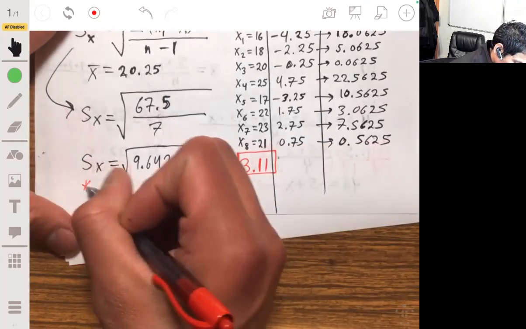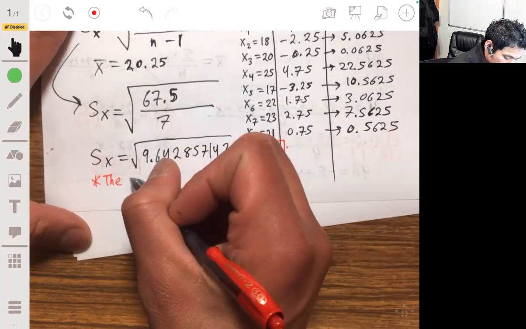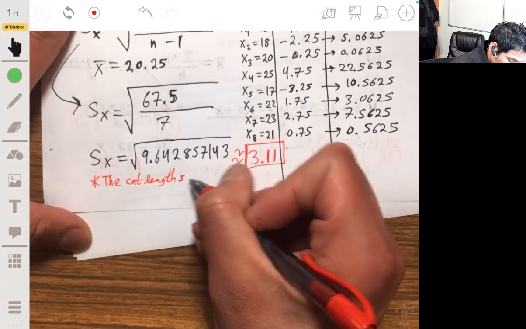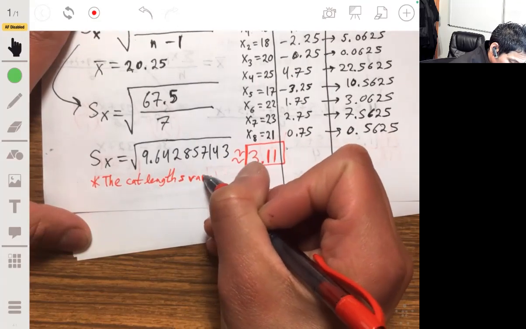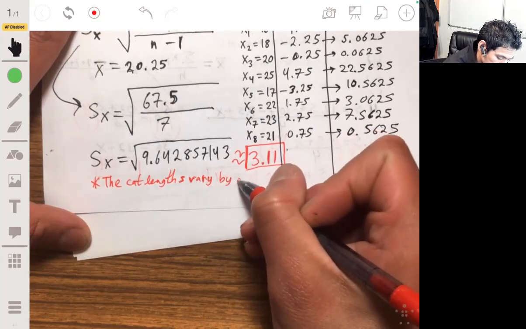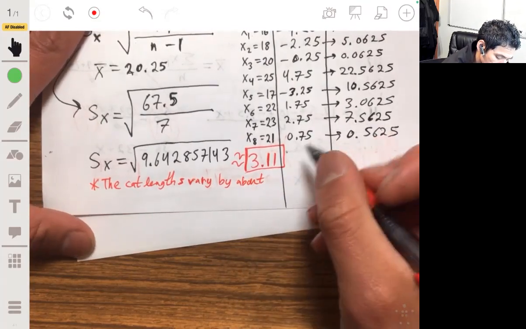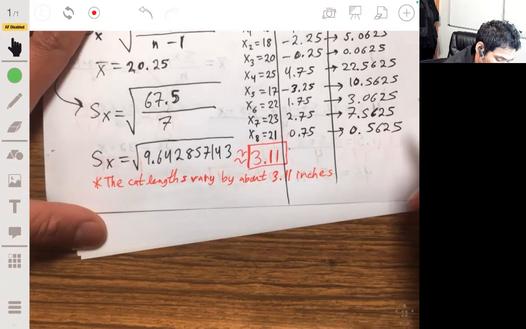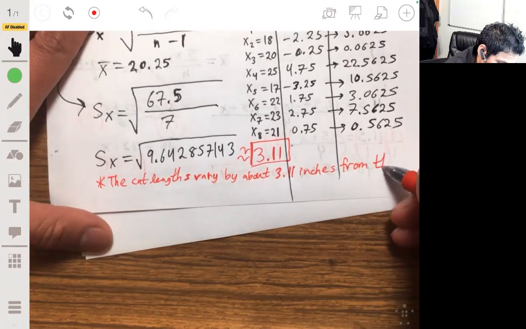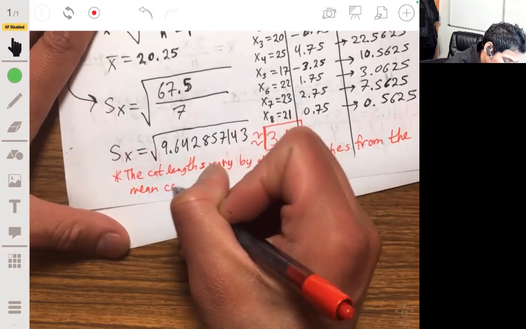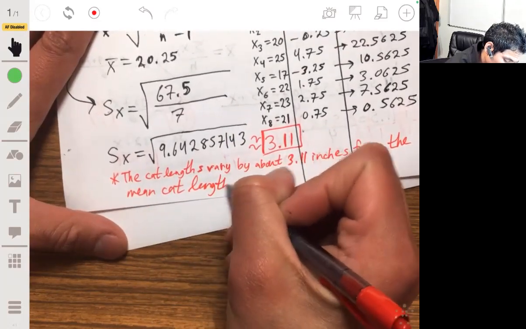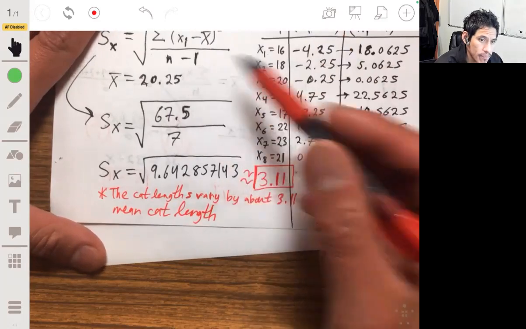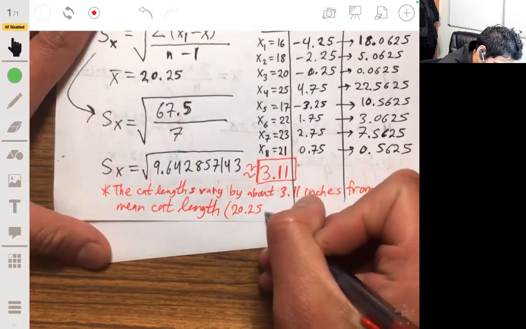Let's write a sentence. I'll say that the cat lengths vary by about 3.11 inches from the mean cat length, from the mean, which in this case is 20.25 inches.